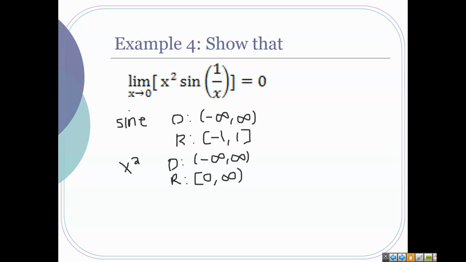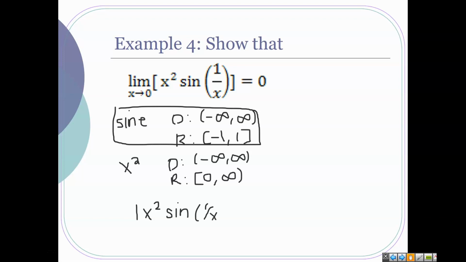If we know that sine cannot live outside its range, then we can say the absolute value of x squared sine 1 over x cannot be greater than or equal to 1. So x squared sine 1 over x has to be less than or equal to 1.